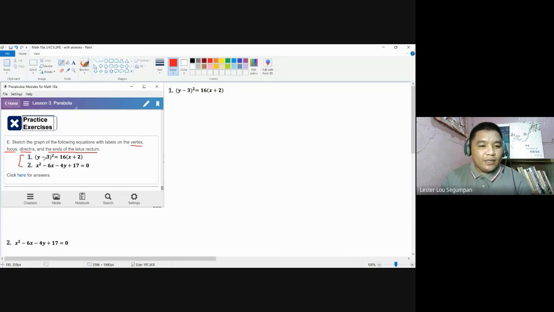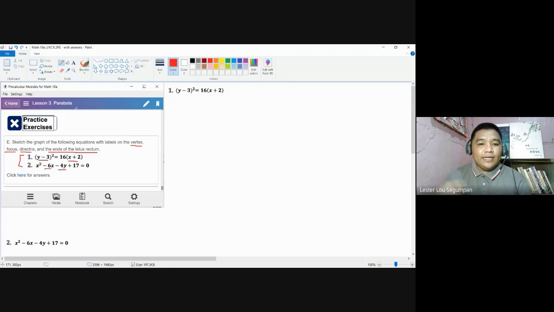For number 1, the variable is now in the form of a binomial. And for number 2, we have additional values for x, which is the one with the second-degree exponent. Again, the vertices are no longer found at the origin.